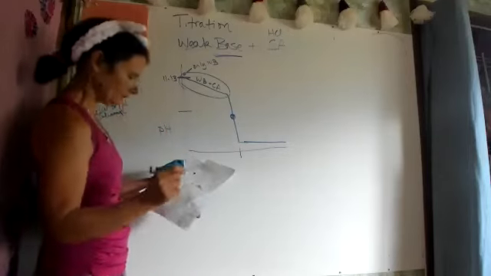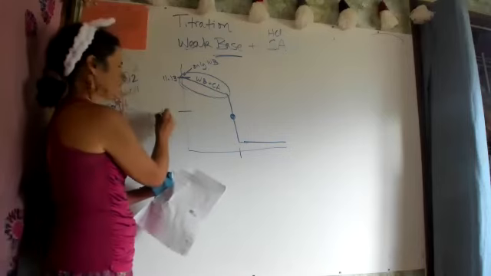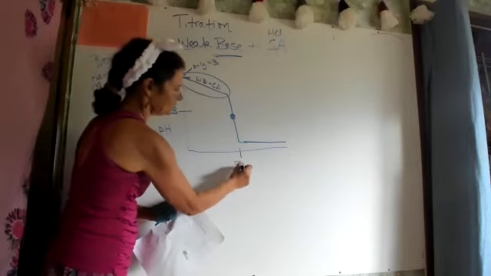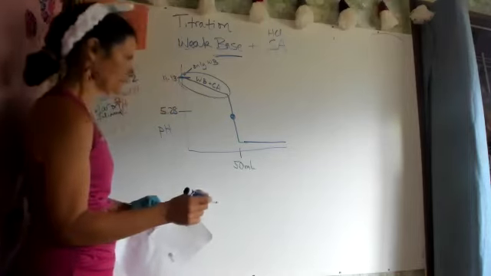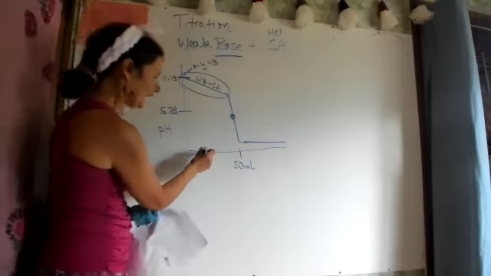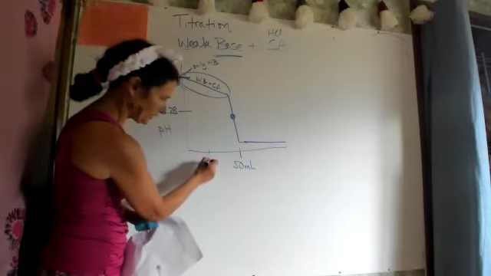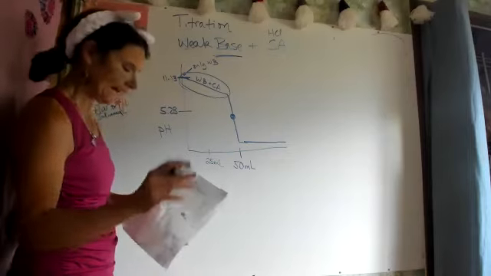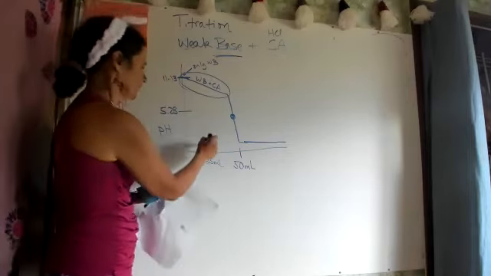This is our equivalence point. This was 5.28. And in the notes, this was 50 milliliters on this page. You can also do the half equivalence, which would be half the volume, not half the pH. It is half the volume.